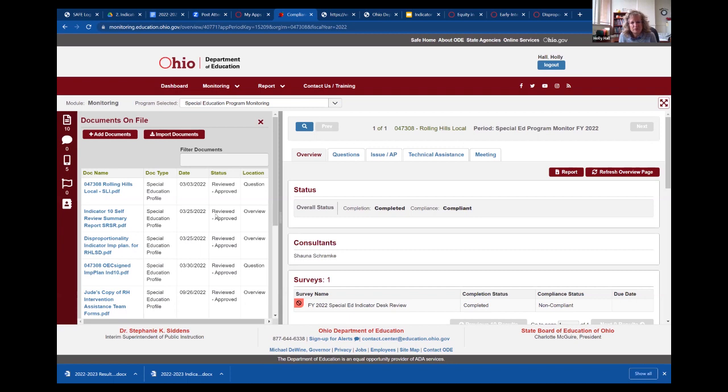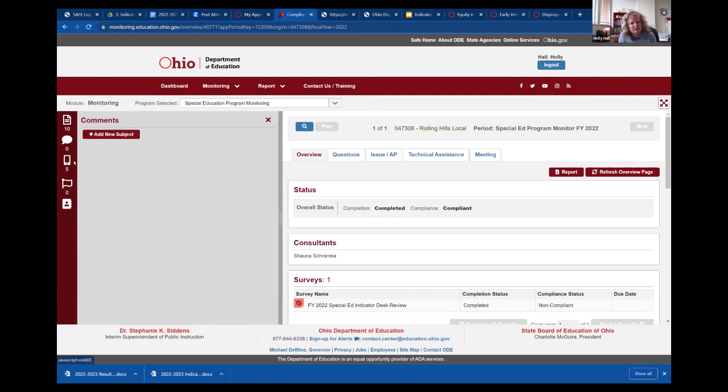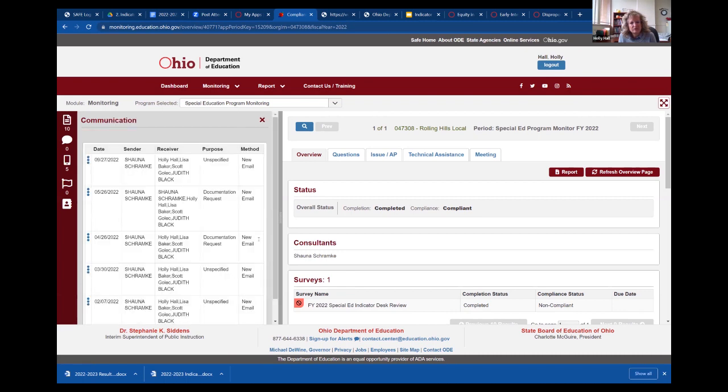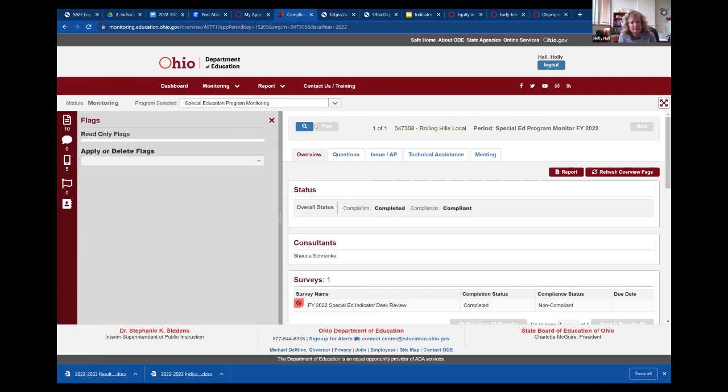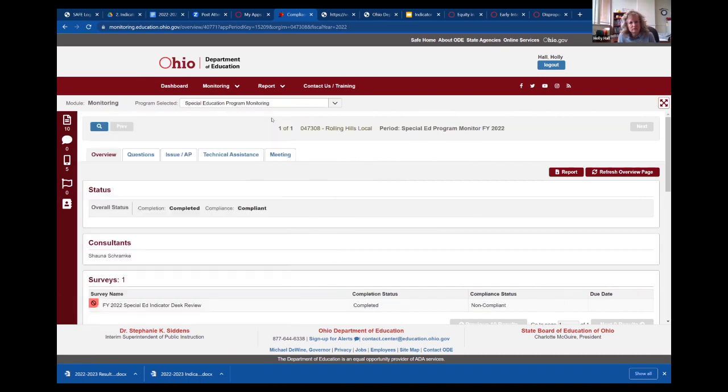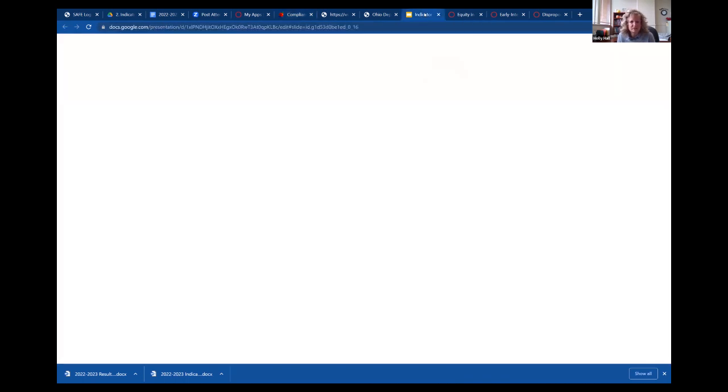And that's where you should also be able to get feedback from the department. There's a spot for comments. There's different communications. So there's different aspects within this tab that you can access. Like I said, that's usually the toughest thing, is just getting information uploaded.